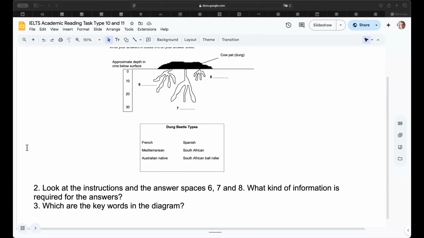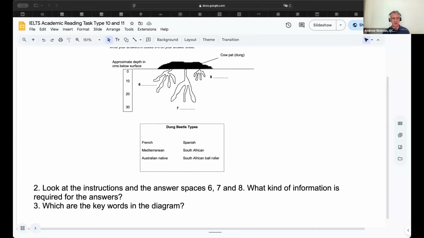The type of beetle? Right, yeah, it looks like it, doesn't it? It looks like you'll have to label 6, 7, and 8 with the names of the dung beetle types. Yeah, I think you're right.